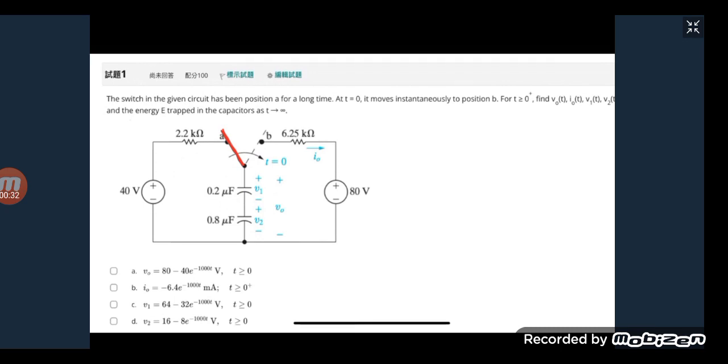So we know that the capacitor becomes what? The capacitor becomes open circuit. The two capacitors are open circuits.